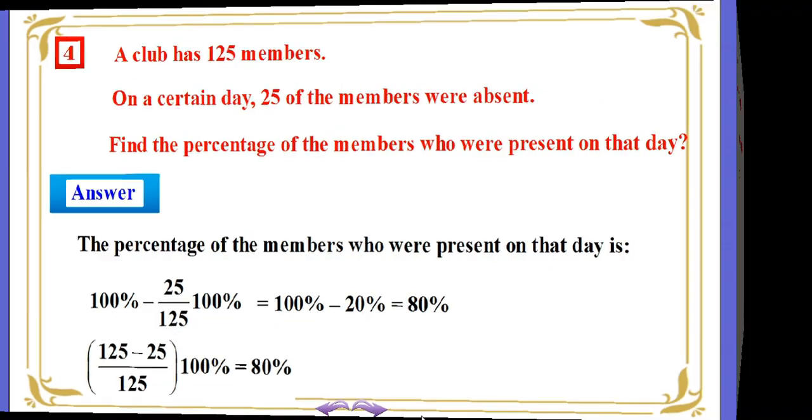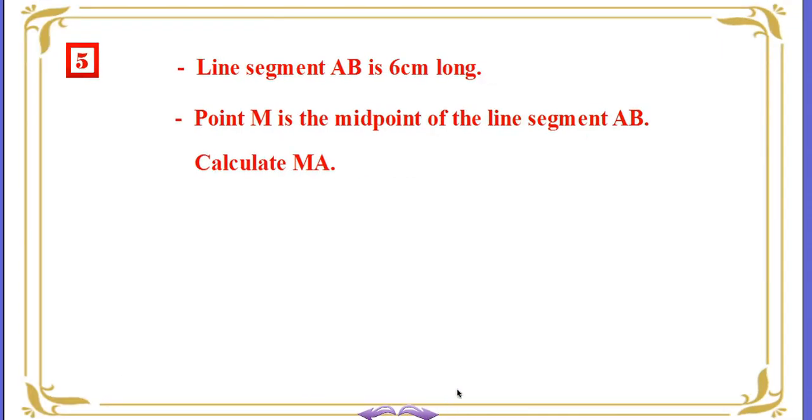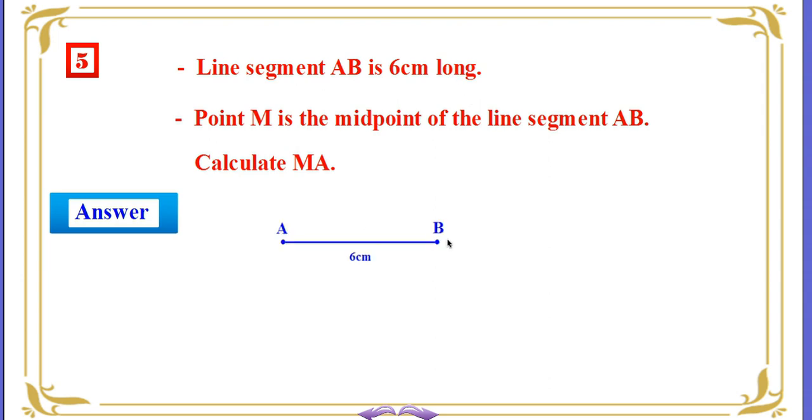Now we go to exercise 5. Line segment AP is 6 cm long. Point M is the midpoint of the line segment AP. Calculate MA. The answer is: you have the image of the line segment AP, 6 cm, and the point M is the midpoint of the line segment AP.